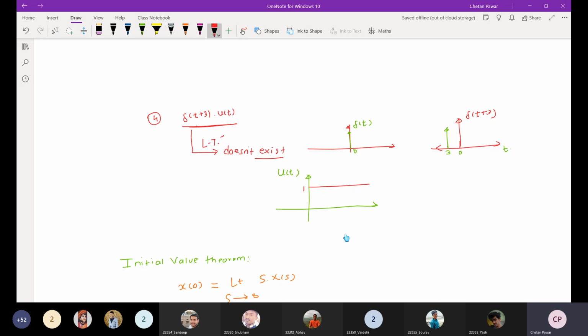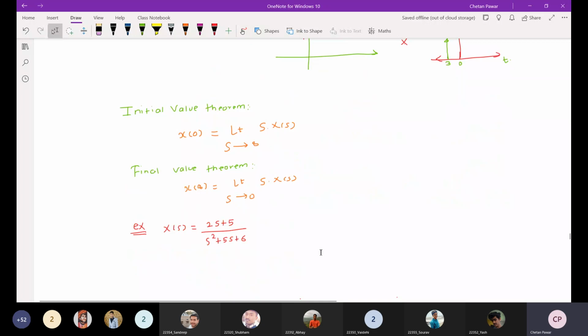If you multiply the unit step signal with this del of t plus 3, the Laplace transform of this doesn't exist because the signal doesn't exist there. So this is the multiplication of these two only, no? So the Laplace transform of this doesn't exist because the signal doesn't exist.